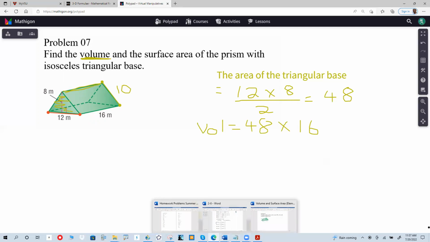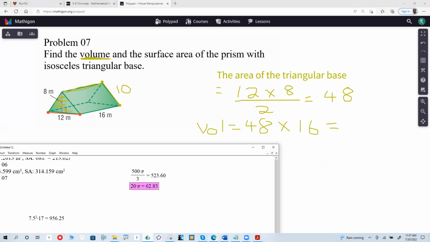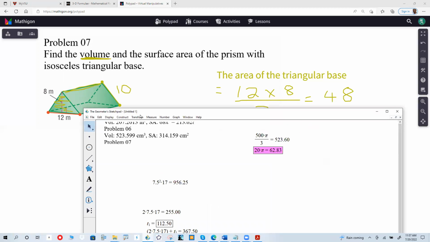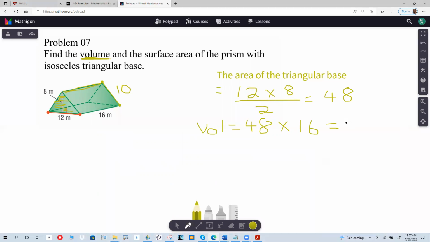I'm going to use my calculator: 768. And the unit will be meters cubed.